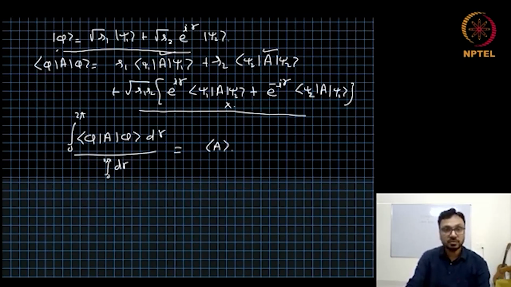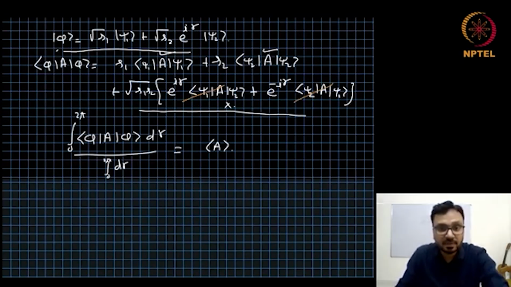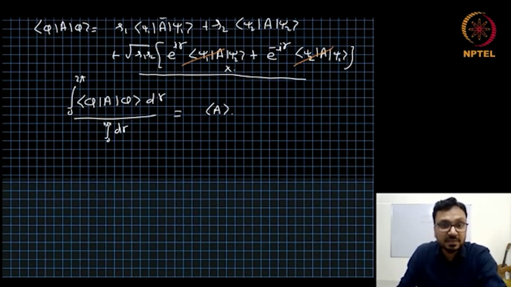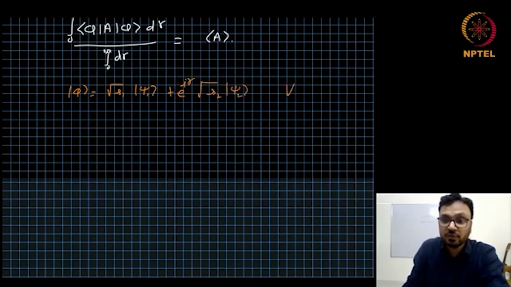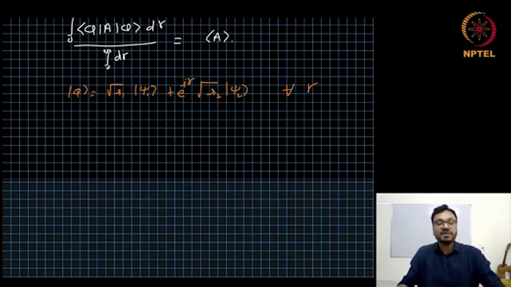It means the two cross terms disappear when we average over gamma. So the state phi, which is root S1 psi1 plus exponential of i gamma root S2 psi2 with gamma uniformly distributed, is a valid representation for the scenario we have considered.